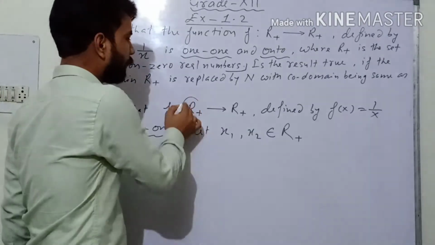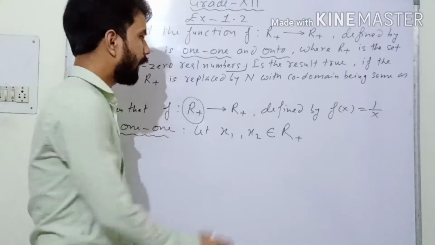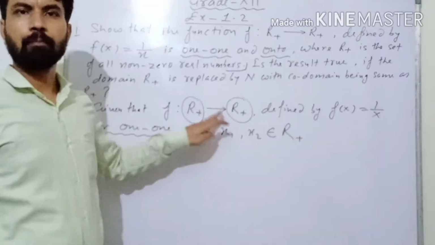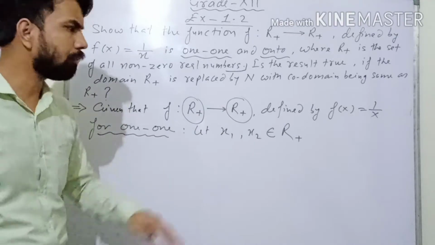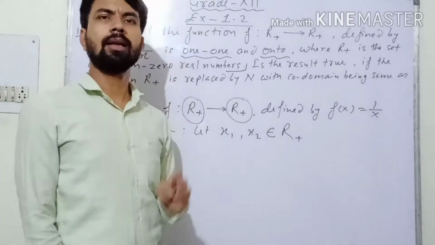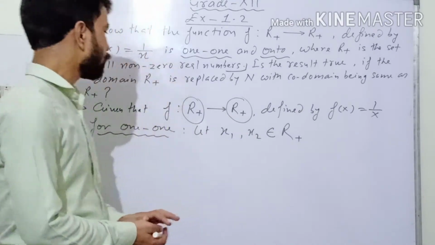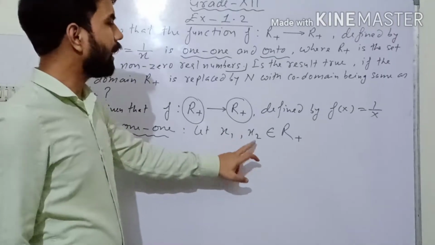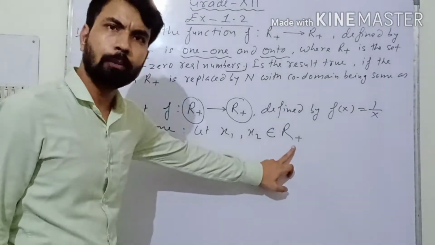Means the domain is positive real numbers and the codomain is also positive real numbers. Domain is a set of positive real numbers and codomain is also a set of all positive real numbers. Got it? So for 1-1 I considered x1 and x2 belonging to its domain.